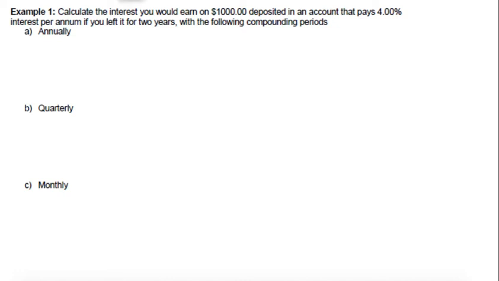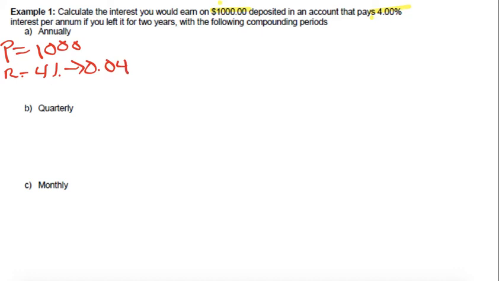So I now have this information here. P is $1,000. R was 4%, so that's 0.04.